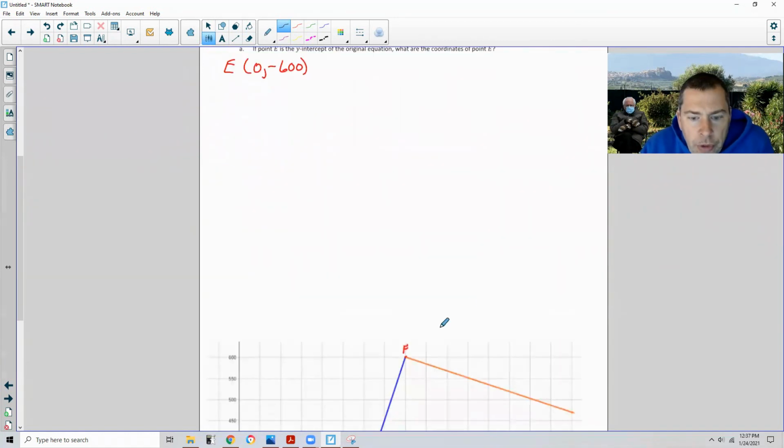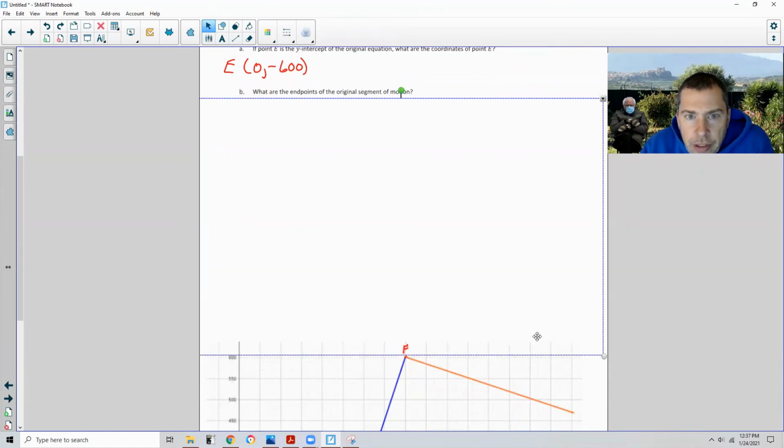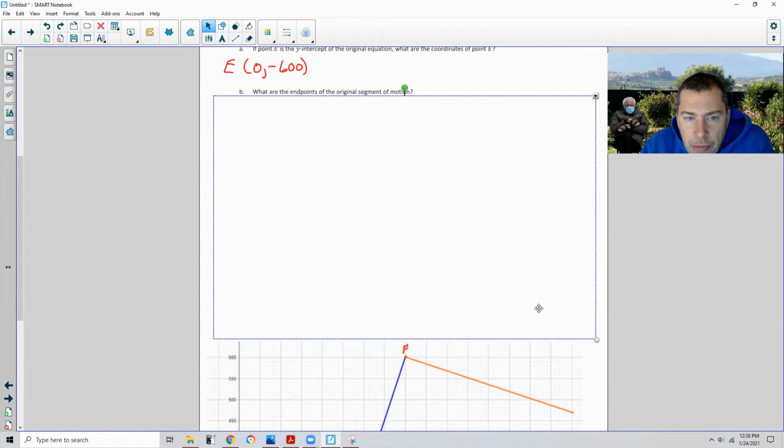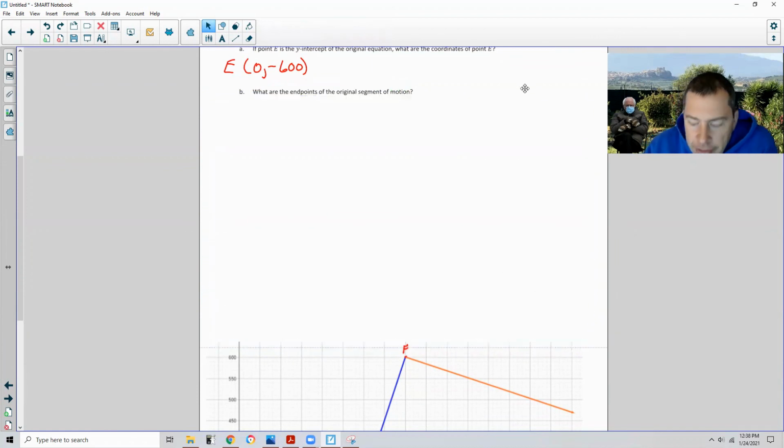Okay, so this is just giving us information that helps us figure out how to do this problem. The questions are feeding our direction, if you will. Part B now says, what are the endpoints of the original segment motion? In other words, what is F?